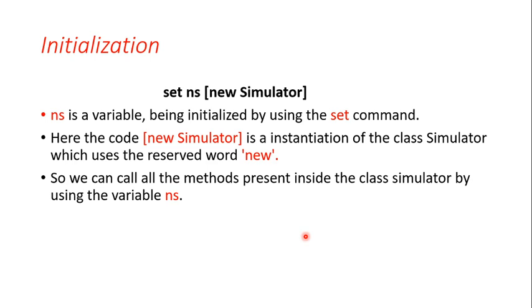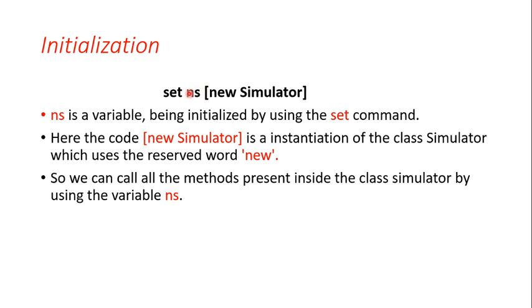Starting with the initialization, here is a simple instruction, or script: set ns [new Simulator]. In this, set is a command, and ns is a variable. You are creating a pointer variable.